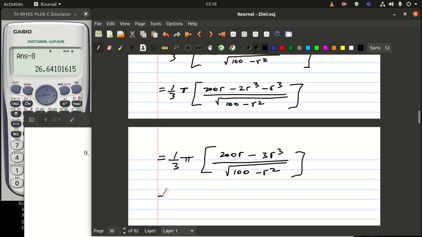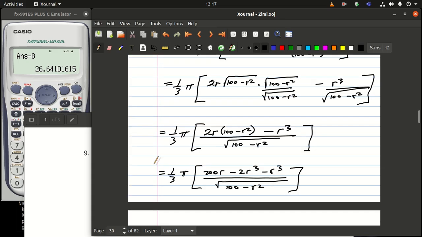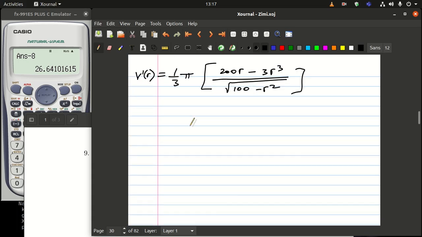For now we can stop there, that we have v prime of r, which is this derivative. The next step is to find the values of r whereby this is equal to 0.